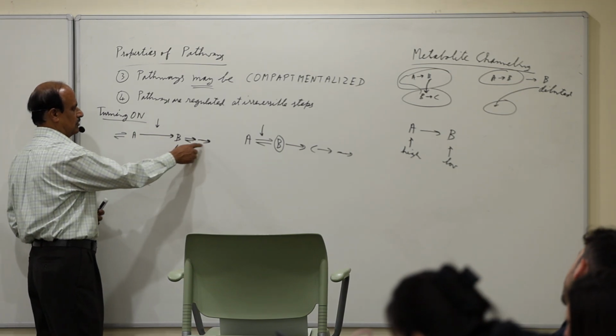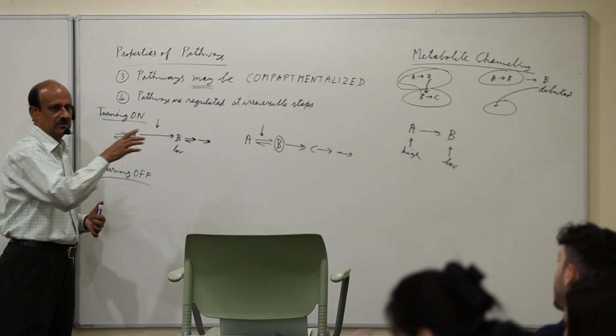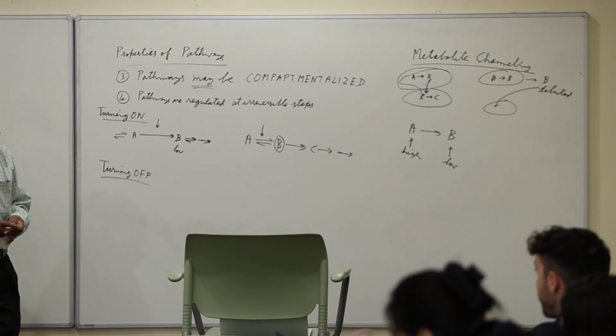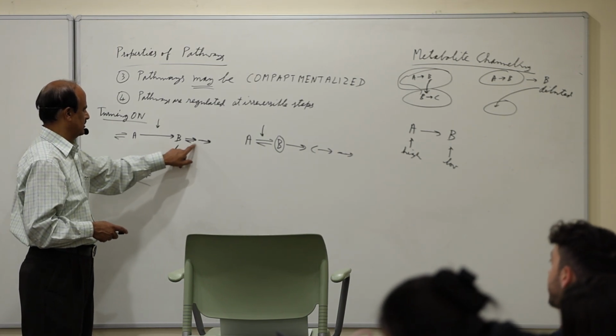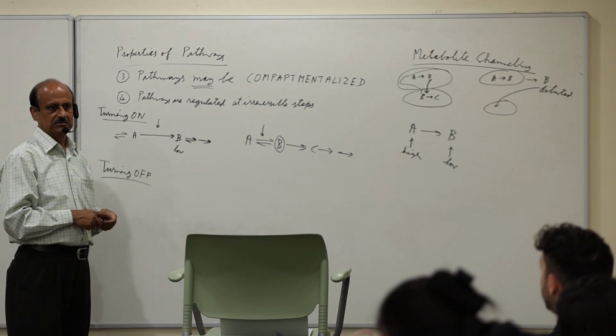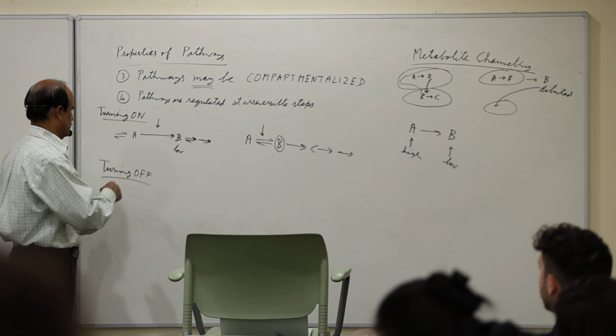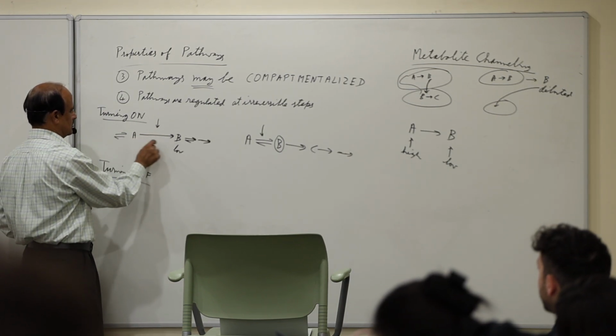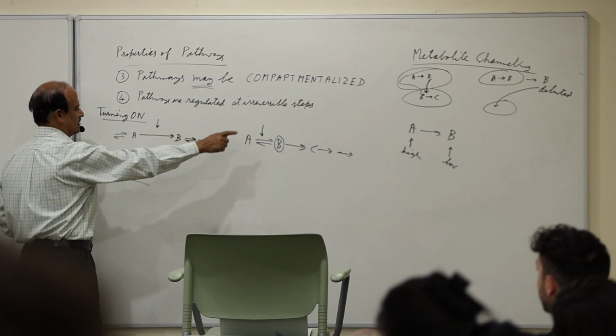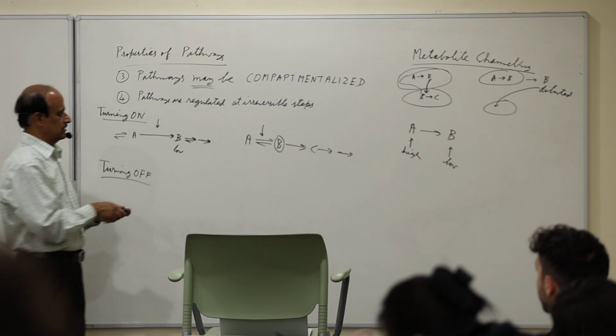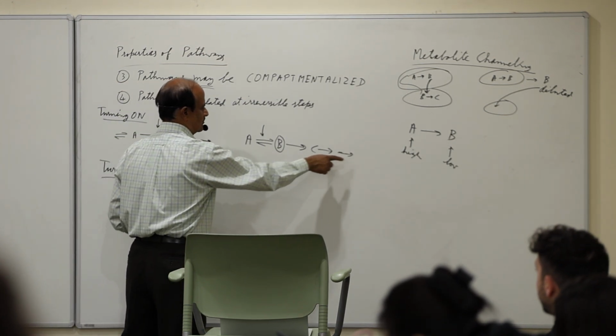Whether it is reversible or irreversible doesn't matter. The pathway has been made such that this reaction will happen even at a low concentration of B. So when you turn it on, as soon as you turn it on, a small amount of B is made and then the pathway starts. Here you need a large amount of B for the rest of the pathway to happen.